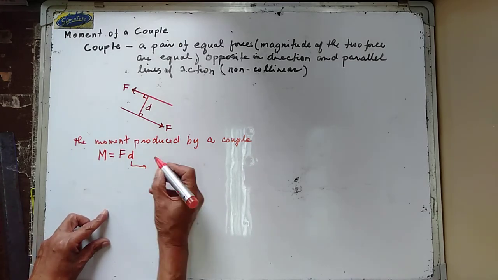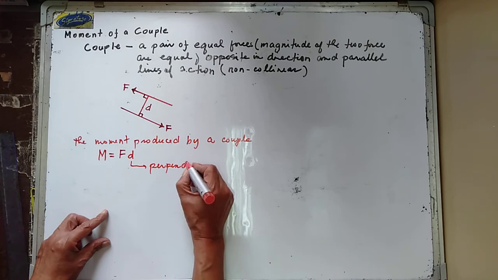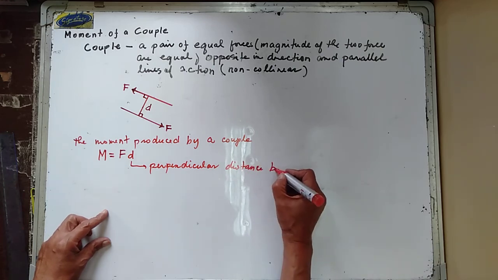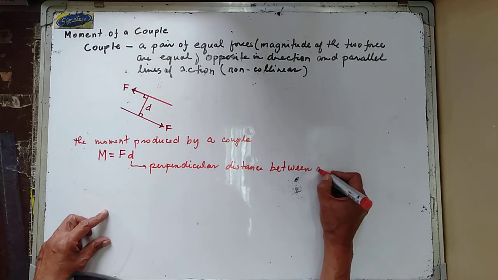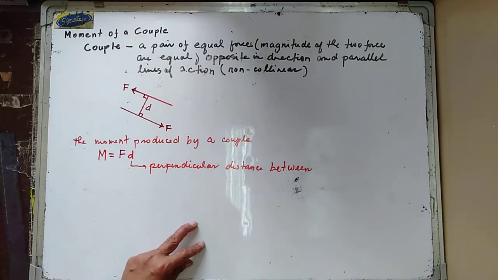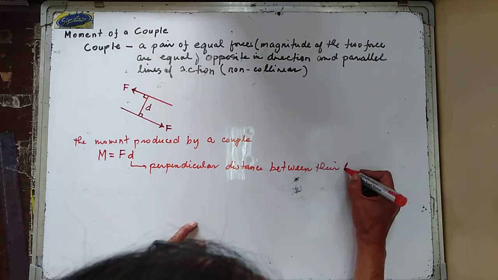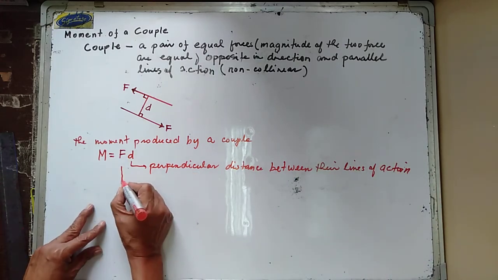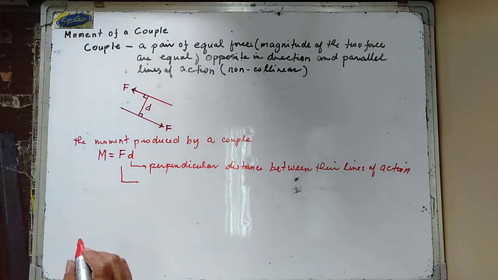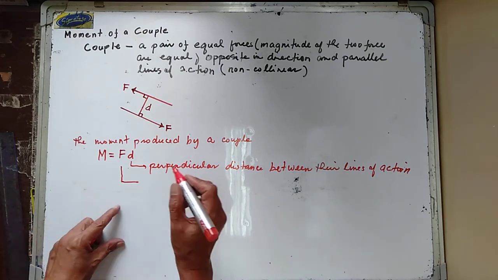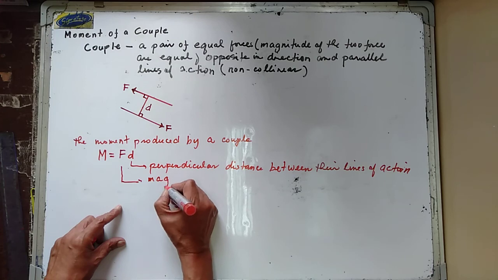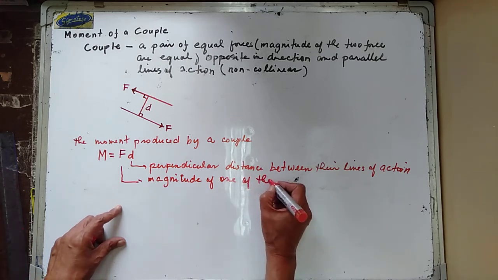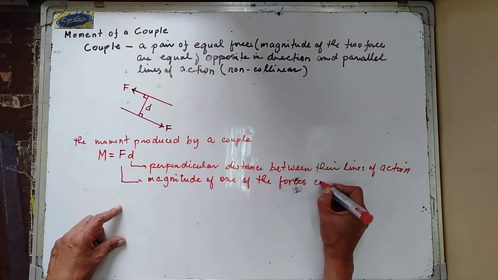So this is the perpendicular distance between their lines of action, and your F in here is the magnitude of one of the forces composing the couple.